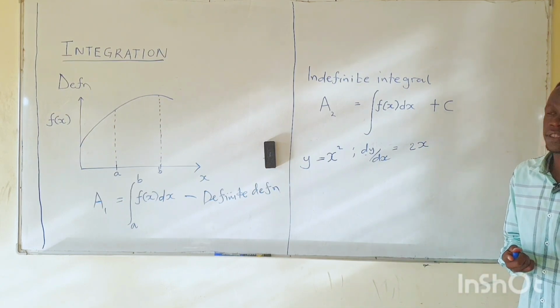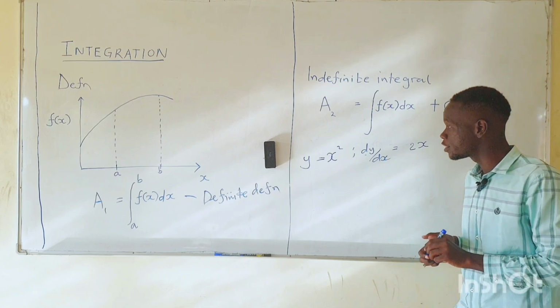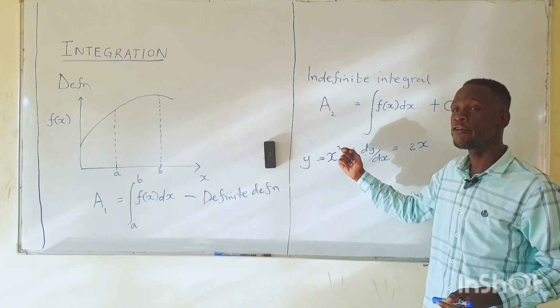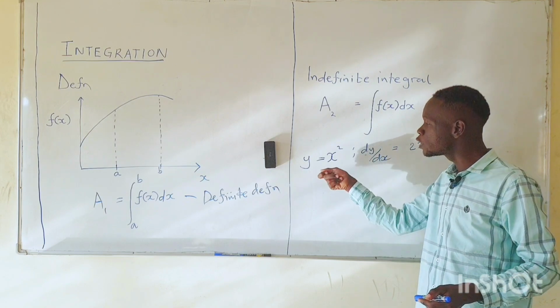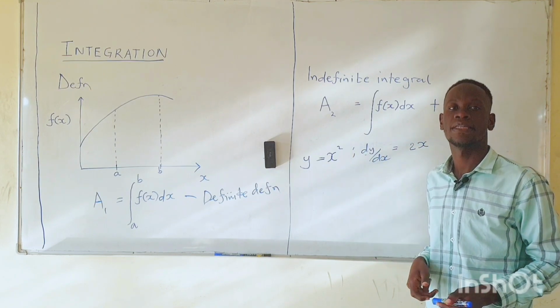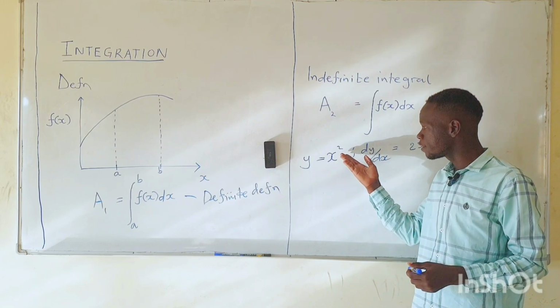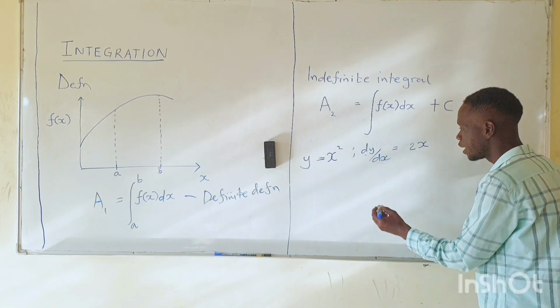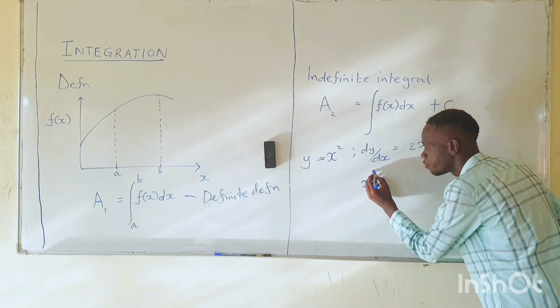This is the opposite of integration. For this case, if we are integrating this, we would increase the power by 1. Then instead of multiplying it at the base, we divide it at the base. What am I trying to imply? If I'm having x squared, it would be x, increase the power by 1, that will be 3.